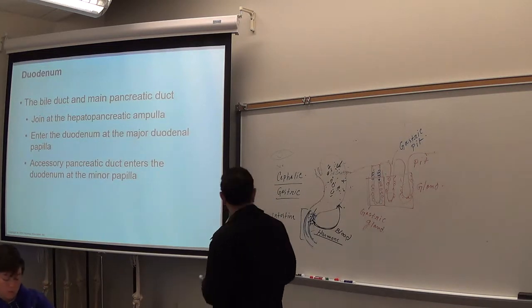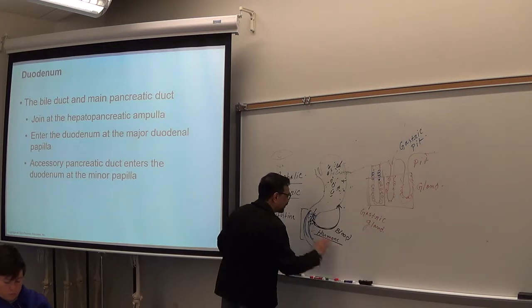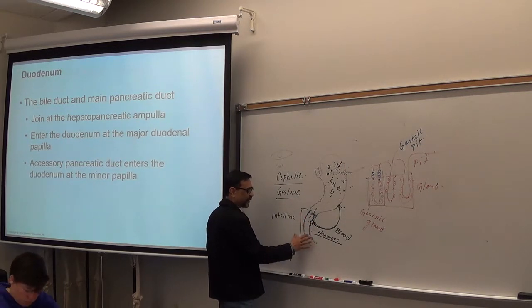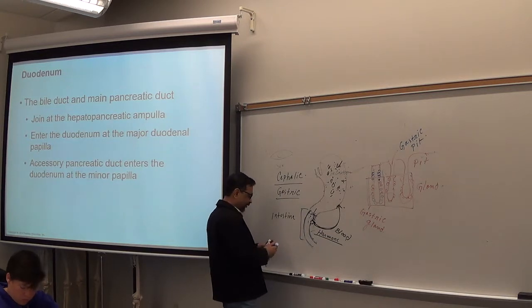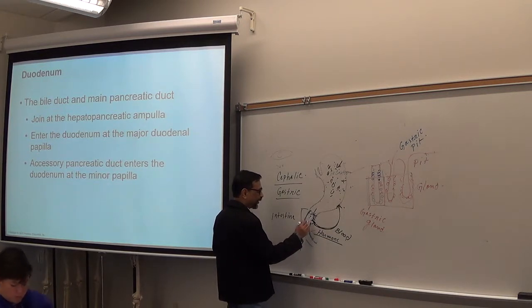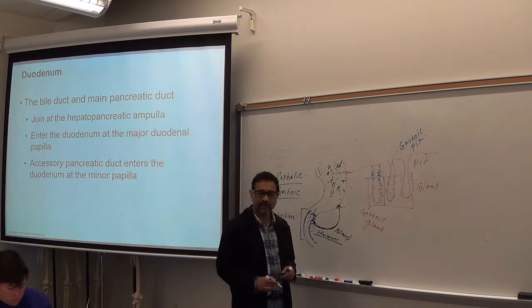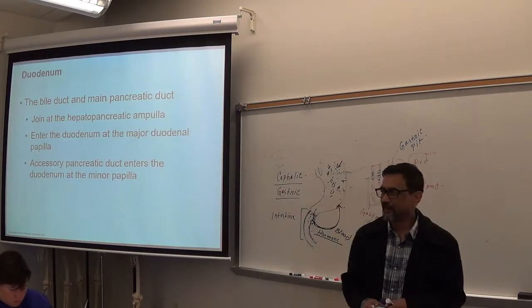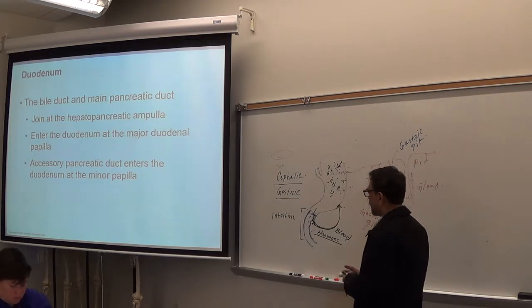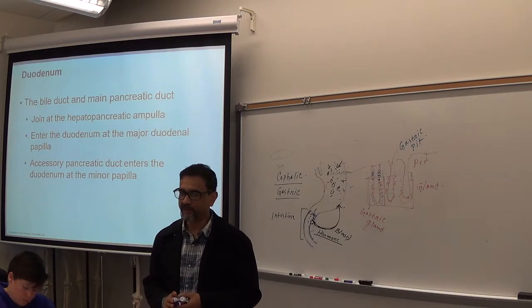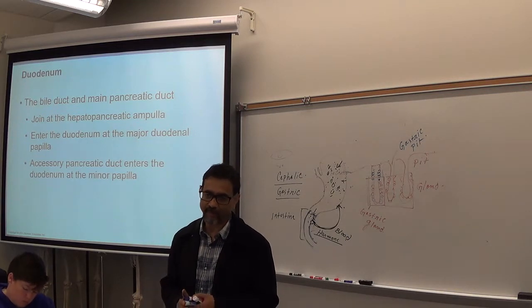Okay. Now, in the first part of the small intestine, that means in the duodenum, you will see two openings. One is smaller, one is bigger here. Okay, two openings in the wall of the duodenum. One is called the minor duodenal papilla, another is called the major duodenal papilla.